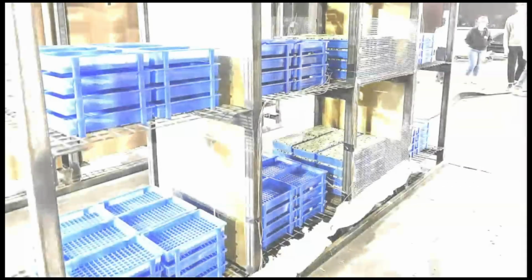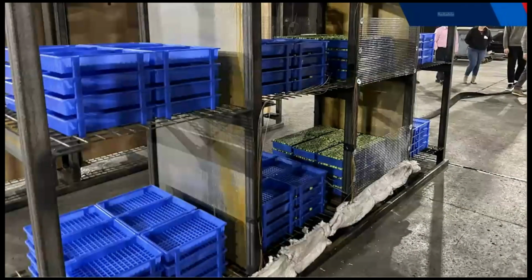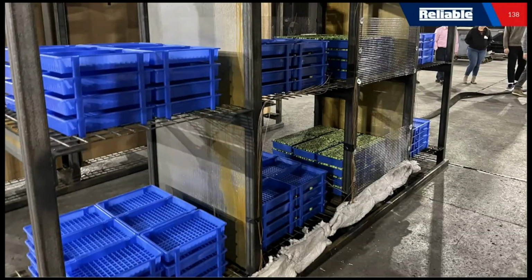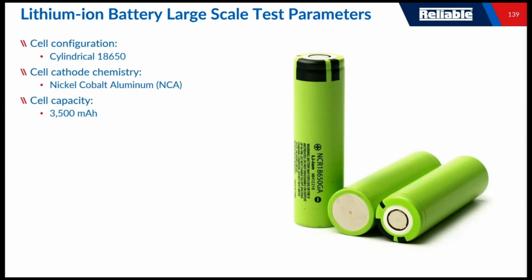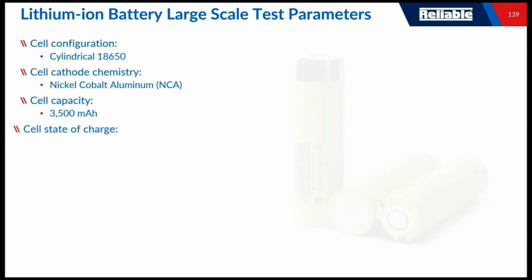Now, what that means is you end up needing to run a full test, and that's what we did. We bought batteries. The batteries we bought were 18650s, nickel, cobalt, aluminum cathode, 3,500 milliwatt hours. What sets this apart, what makes this difficult, and what people have perceived as the challenge that cannot be protected by sprinklers, is the state of charge.